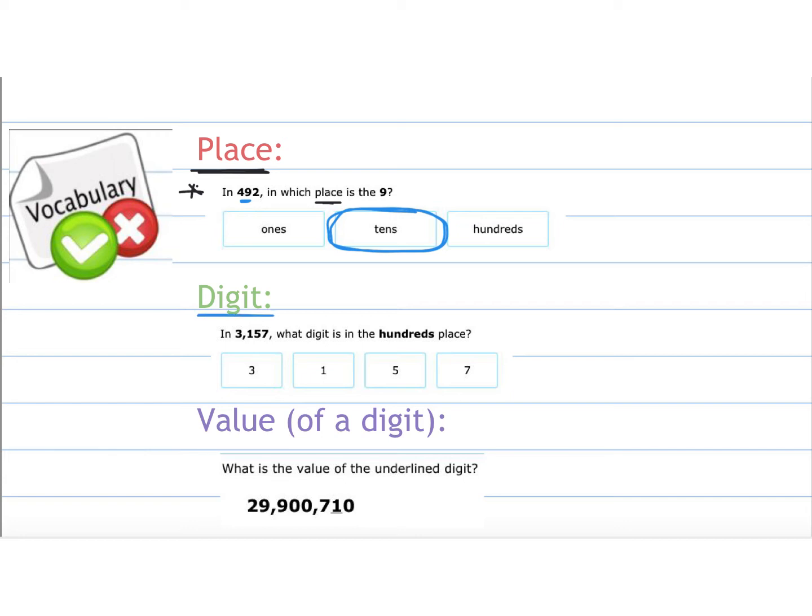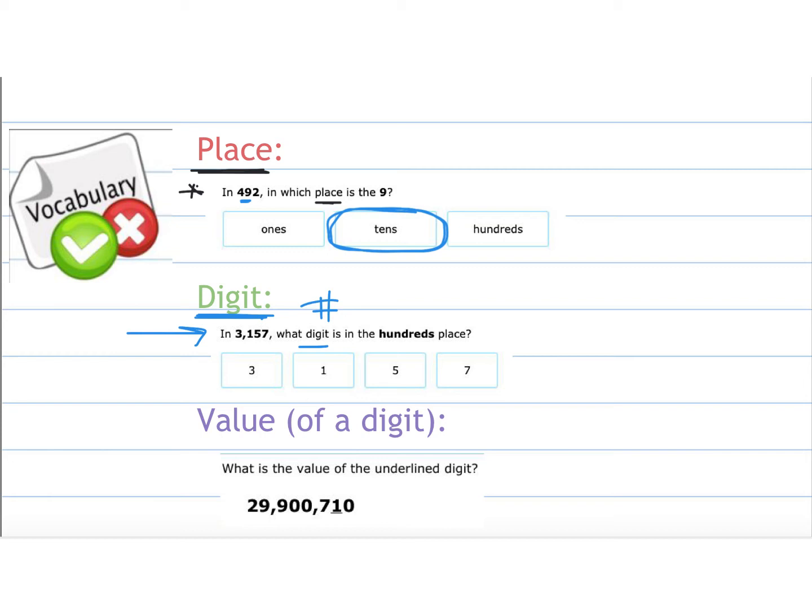And then we have digit, which is the actual number of what's in a certain place that we want to figure out. So if we have 3,157, we want to know what digit is in the hundreds place, or what number is in the hundreds place.